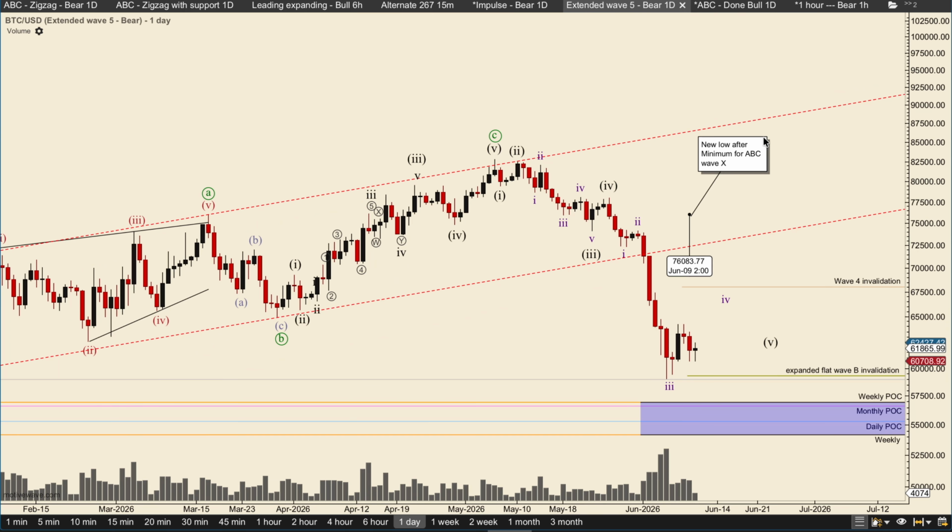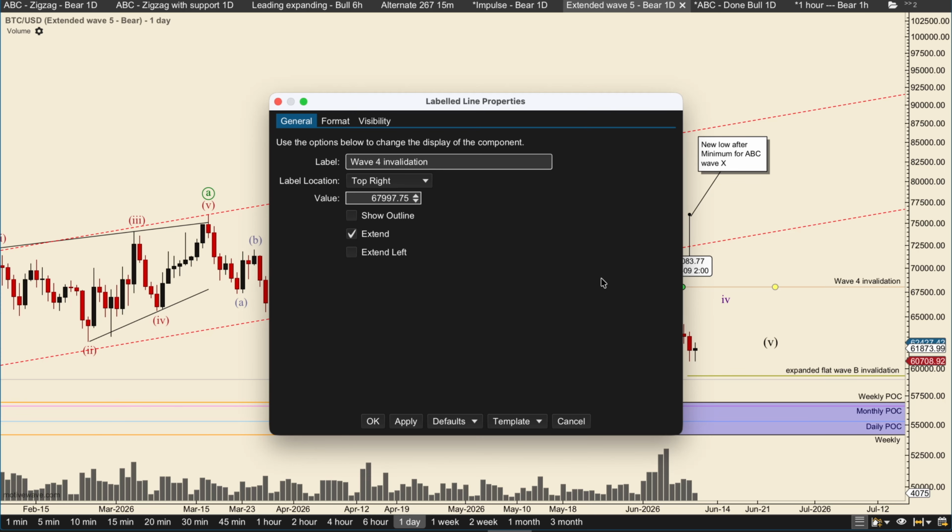But the invalidation here for this is taking out this line. I use that as a soft invalidation, or like a hard invalidation for a wave 4. It's not breaking any rules, it's just a guideline that I don't like to break regarding invalidation of wave 4s at 67997.